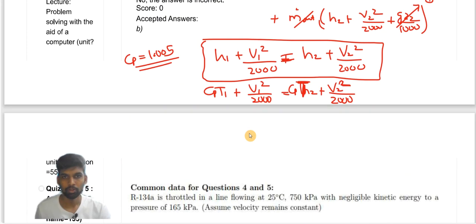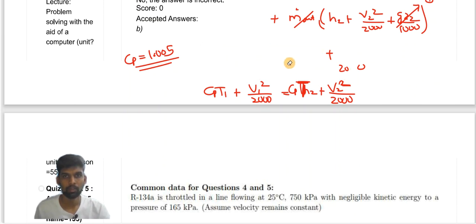From this equation, Cp T2... T2 will be equal to (V1 square minus V2 square) by 2000, times 1 by Cp, plus T1.